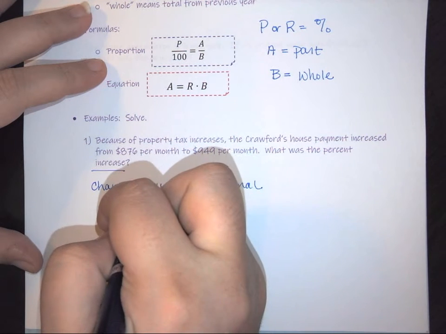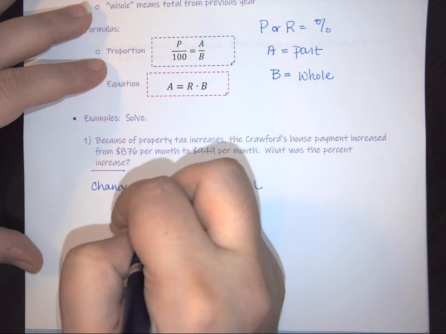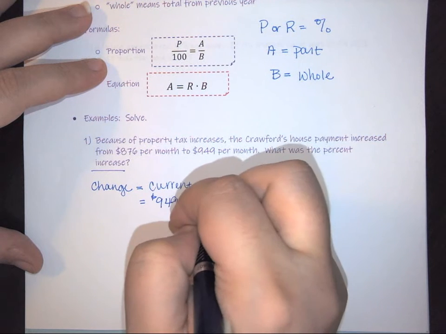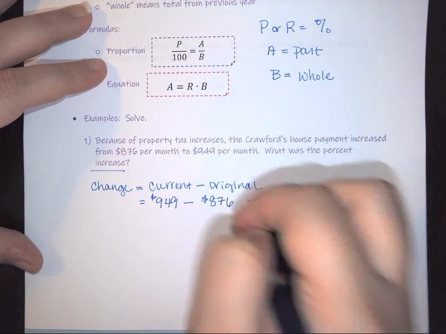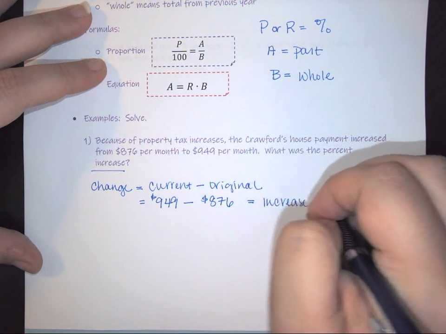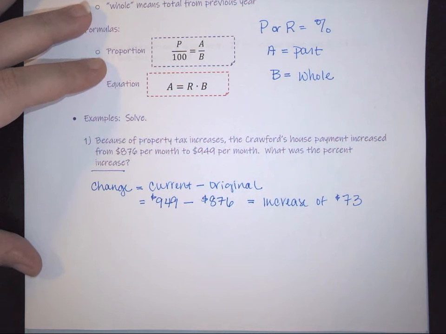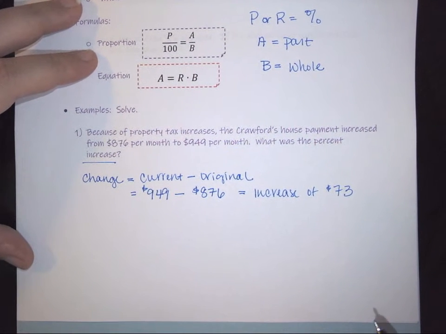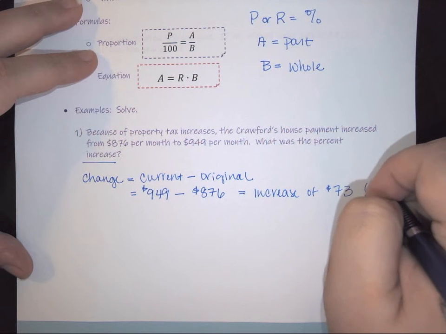So here my change in value is going to be my current, which was $949, minus the original, which was $876. And this is going to give me an increase of $73. So here, this increase is going to be my A term.